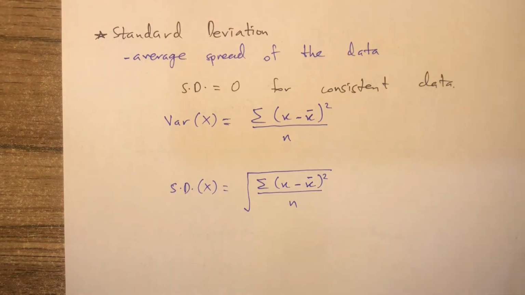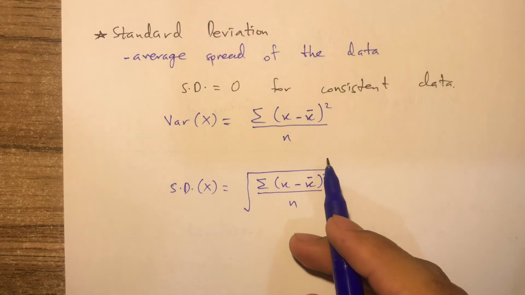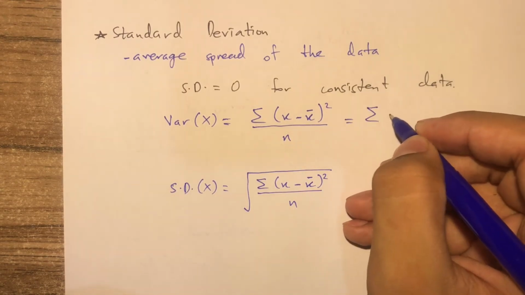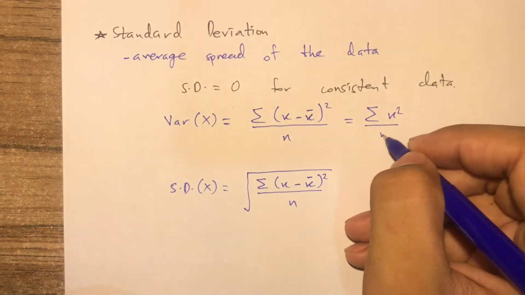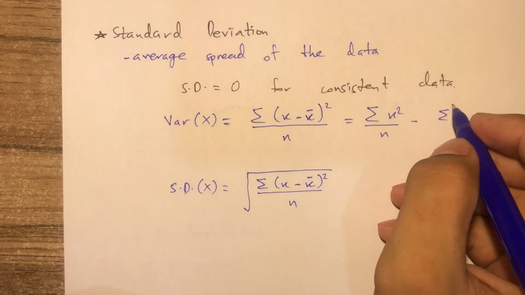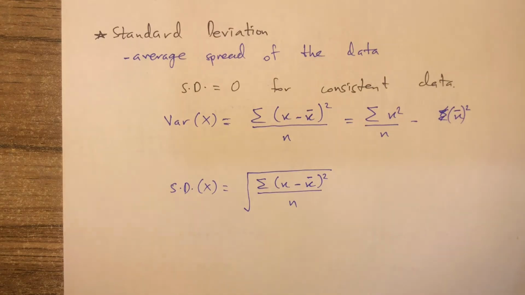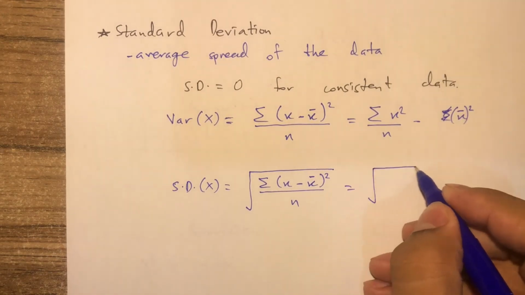Right? Now this formula for variance can be simplified, and the simplified version of this is sigma x square upon n minus sigma x bar squared, and then the root of that will again be the standard deviation.